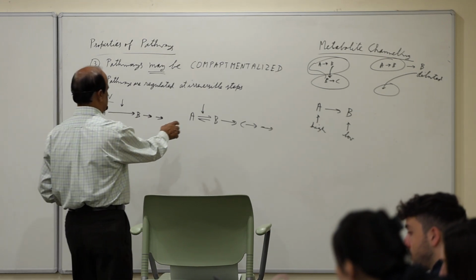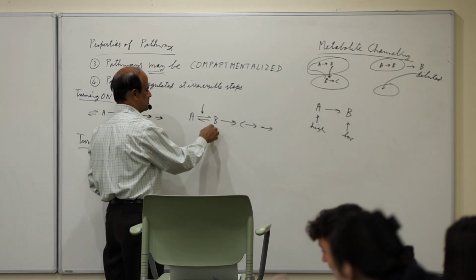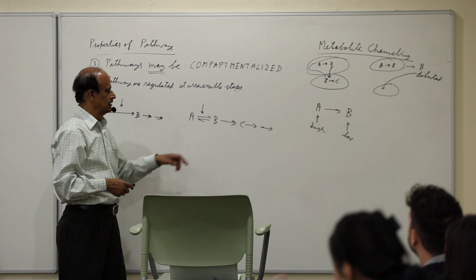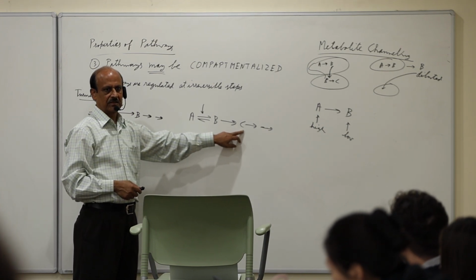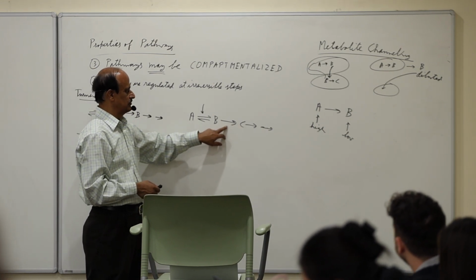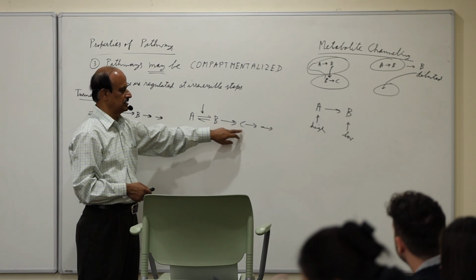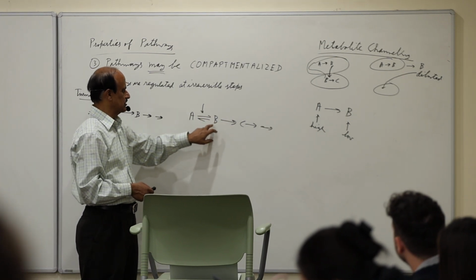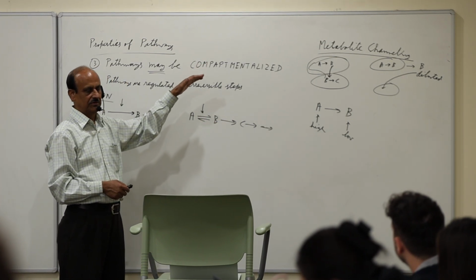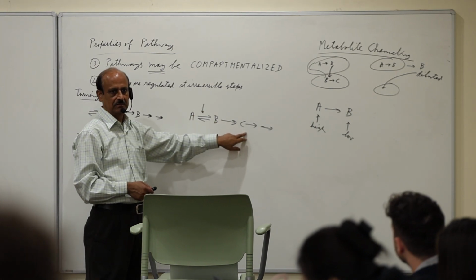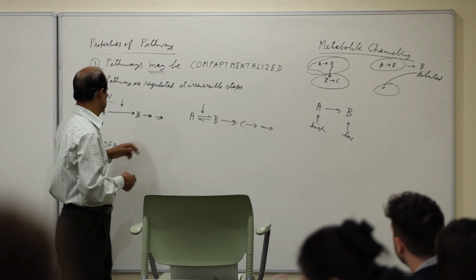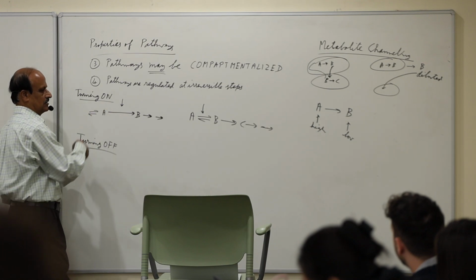So if this is an equilibrium step, that means you need a significant amount of B to start this second step, because this is an irreversible step. B must be high, C must be low. So B concentration has to reach a high level before C can be made. But B, you are starting with 0. This is already turned off and you are turning it on.